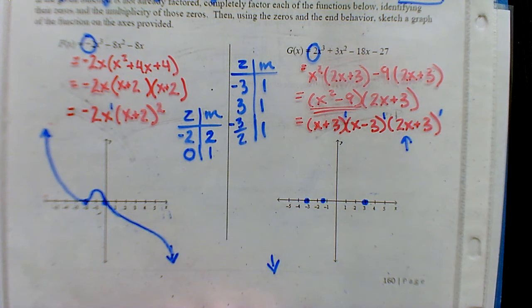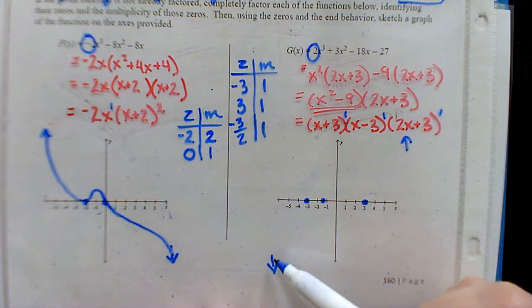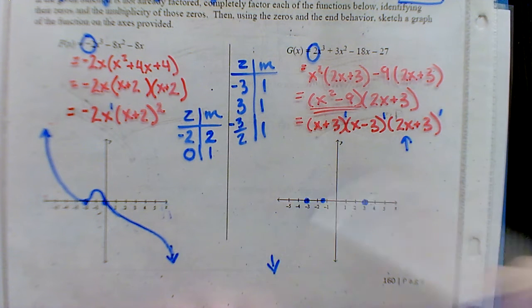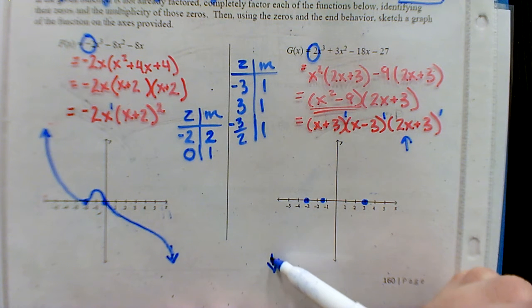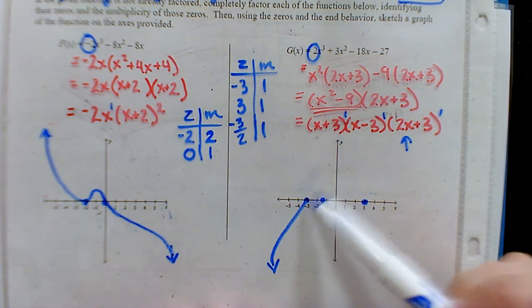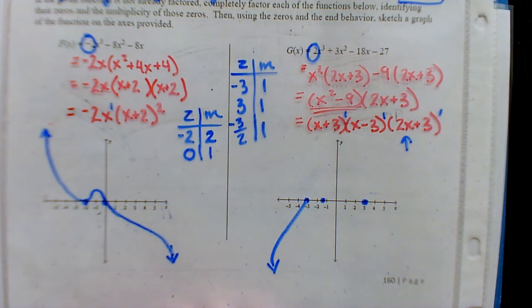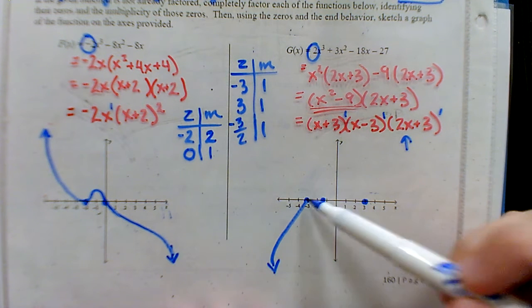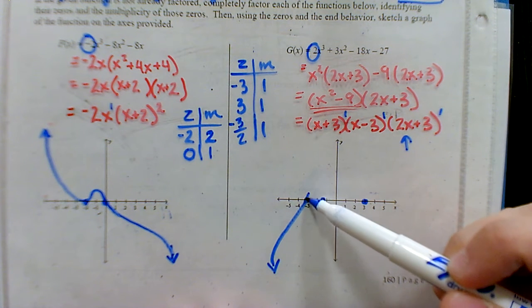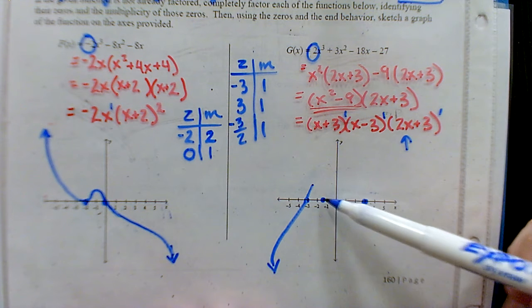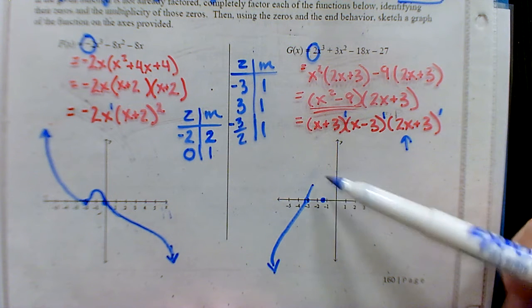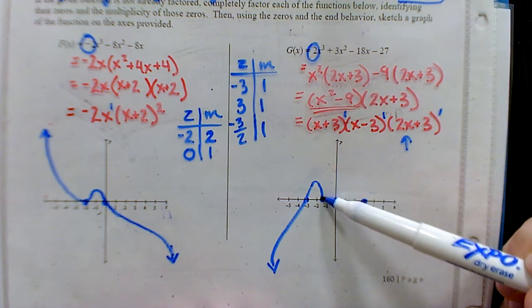Alright, so kind of playing connect the arrows, connect the dots, going left to right. We're going to connect the first arrow to the first x-intercept, and we know we need to go straight through that. But we do need to come back down to connect it to the next x-intercept. So we're going to have a little hump.